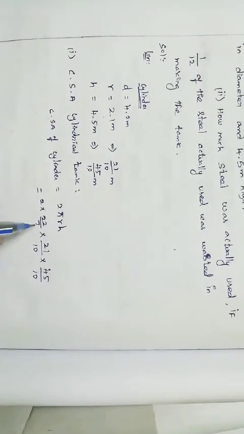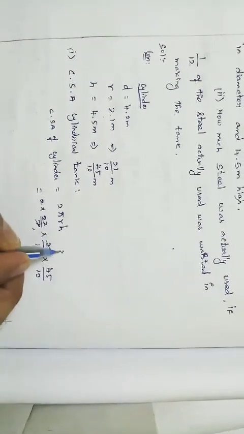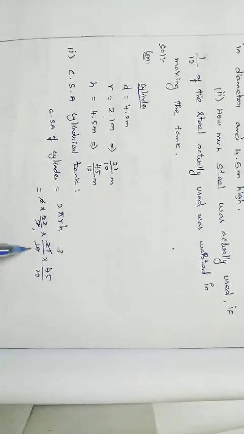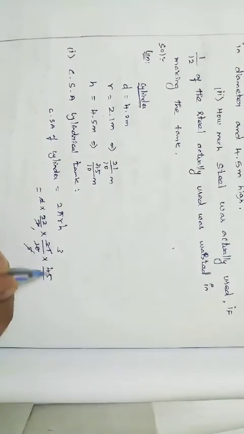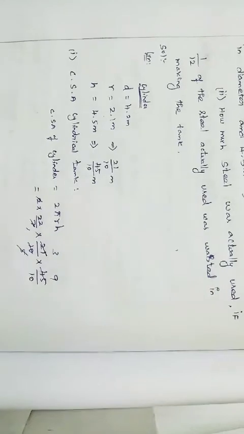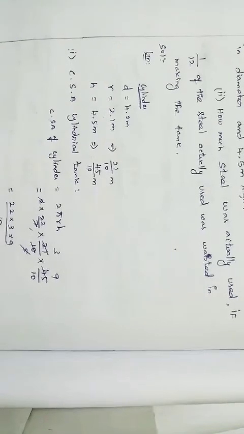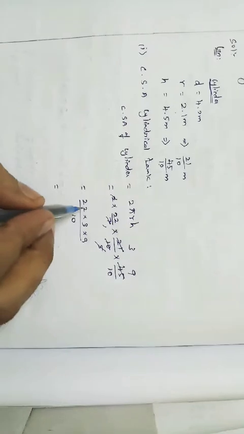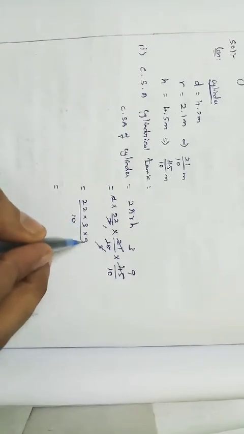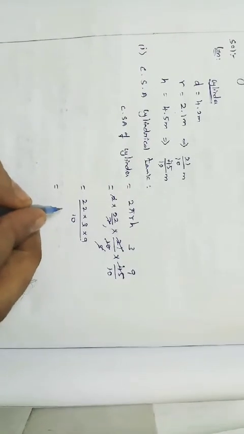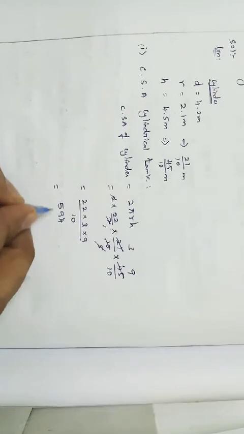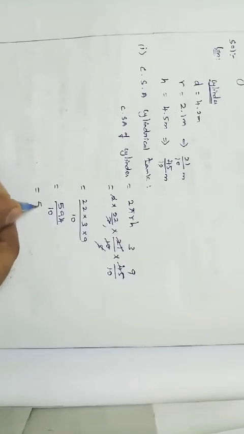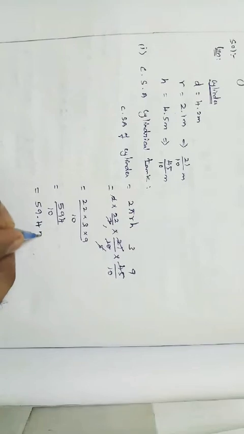Simplify. 7 ones are 7, 7 threes are 21, 2 fives are 10, 5 nines are 45, right? So remaining, just multiply: 22 into 3 into 9 divided by 10. 22 into 3 is 66. 66 into 9 is equal to 594, divided by 10 is equal to 59.4 meter square.